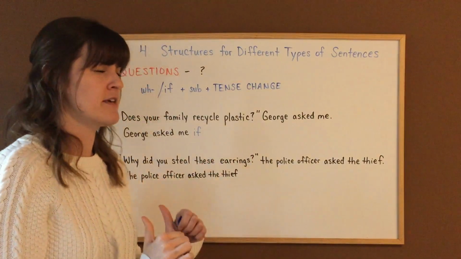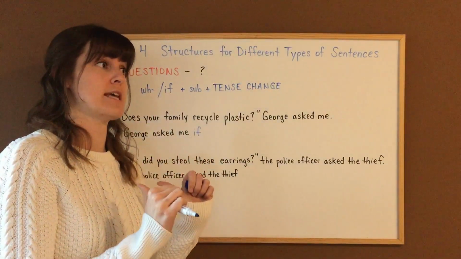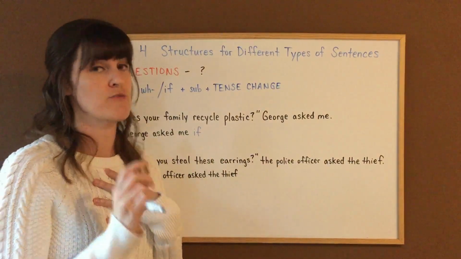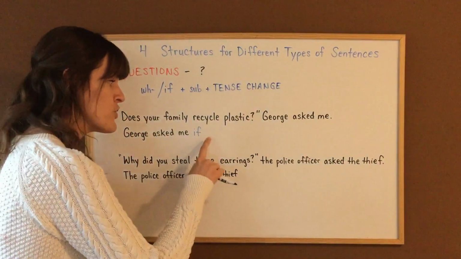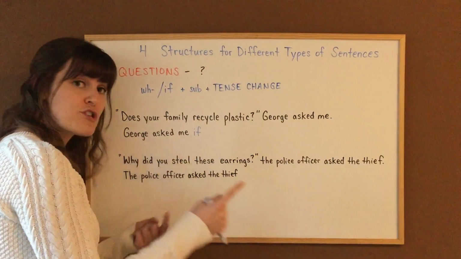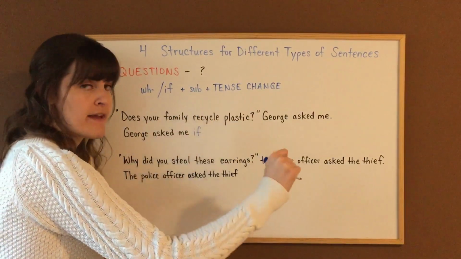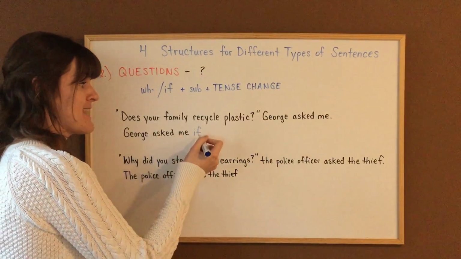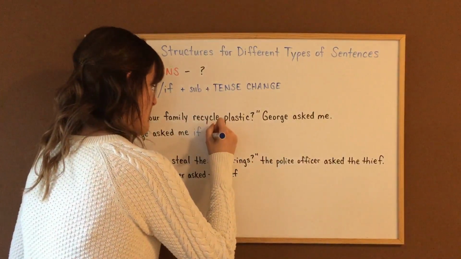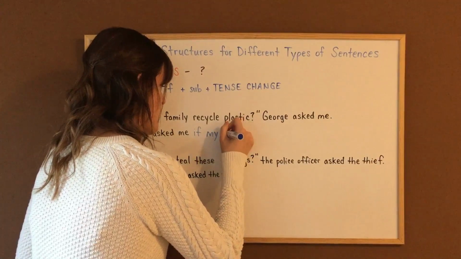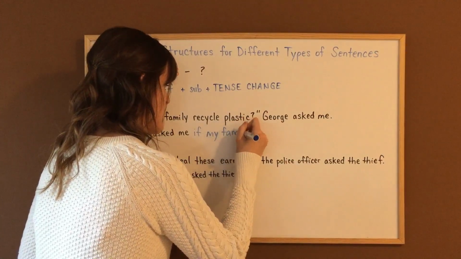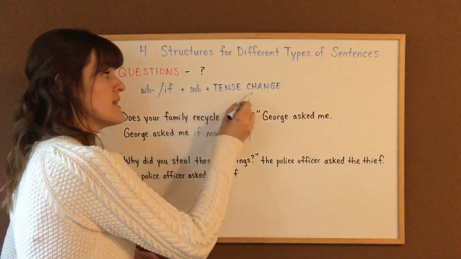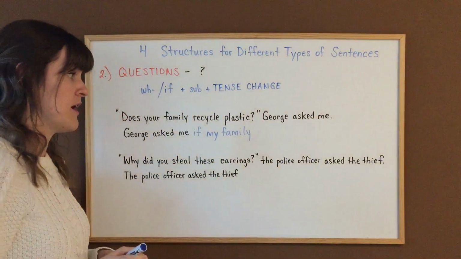George asked me, does your family recycle? So he's asking me if my family recycles. So I can't put your, I have to change it because George asked me and I am writing this question in reported speech. So he asked me if my family. Good. Okay, last part, our tense change.